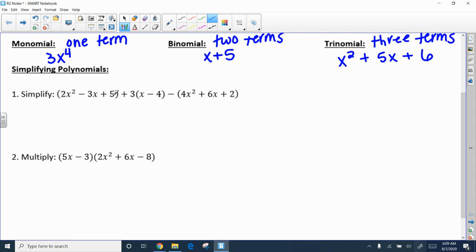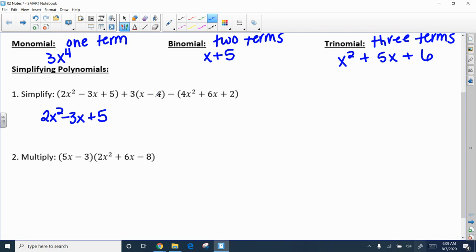Our first polynomial here doesn't have any numbers in front that we're multiplying by, so I don't have to do anything with it. I'm just going to remove it from its parentheses, because at the end we're going to want to combine all these like terms. So this one is going to be 2x squared minus 3x plus 5. I just wrote it without its parentheses because it doesn't really need them.